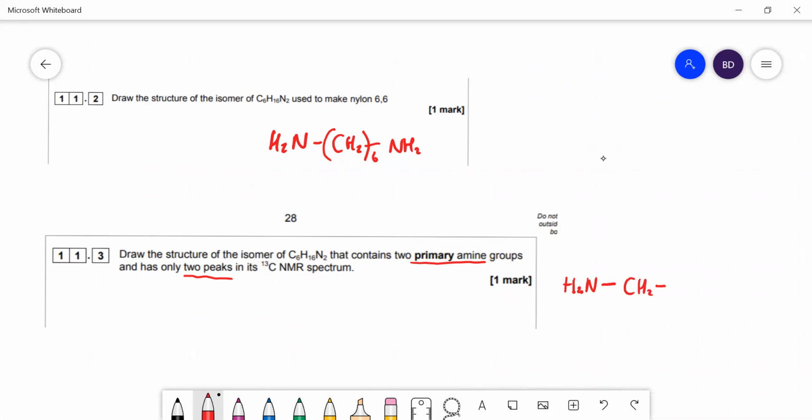Let's put just the skeleton first, put 2 carbons there. We've got 2 primary amines. We've got 4 left over, so we could have 4 methyl groups here. And that would only give us 2 peaks because all those methyls are the same as each other. And these 2 carbons, they're the same as each other because it's symmetrical. And so you'd get just 2 peaks in the spectrum there.